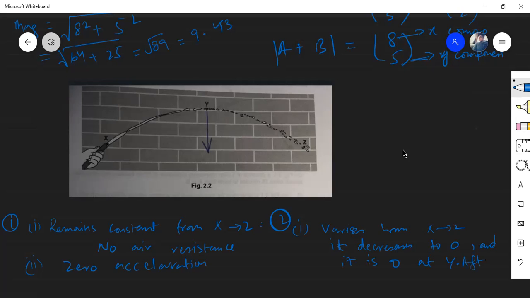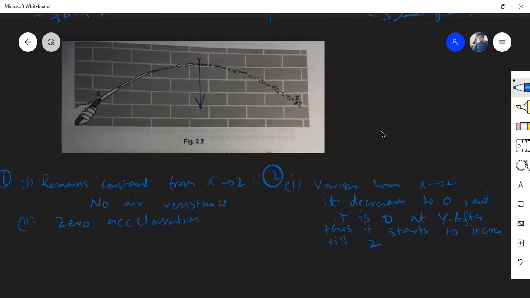After this, it starts to increase till z. And you're going to write that the acceleration is equal to negative 9.81 always.